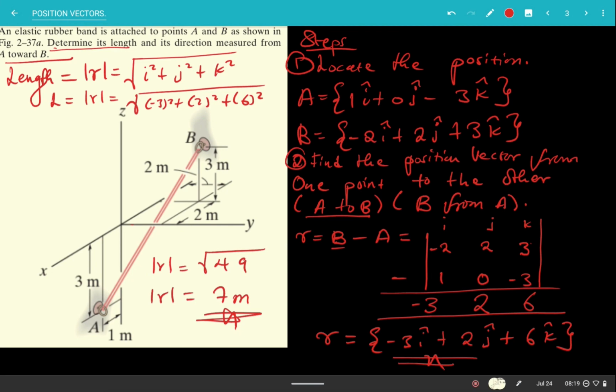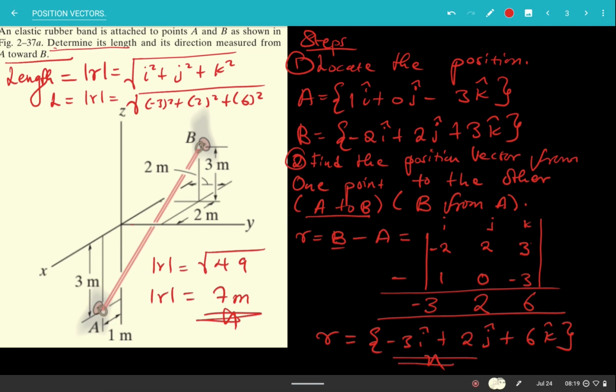So be mindful how you go about finding the length. First, you have to locate the positions, and make sure you're very careful when locating the positions so that you don't make mistakes. Other than that, also find the position vector from one point to the other. And remember, when they said A to B, it simply means B minus what?